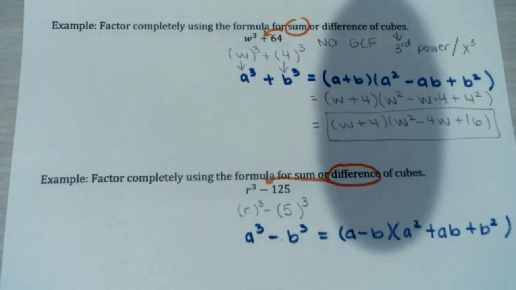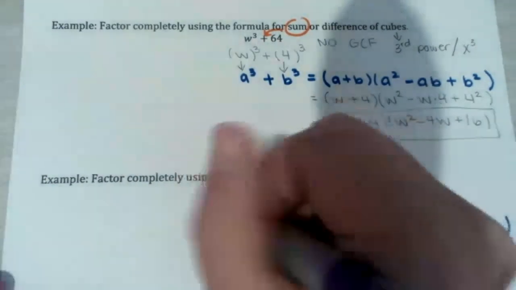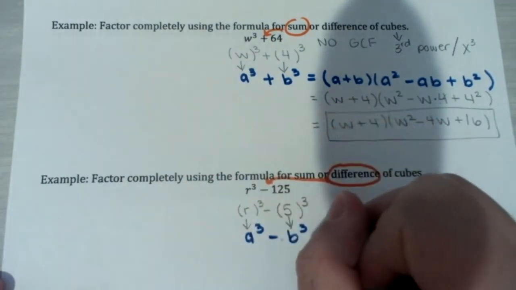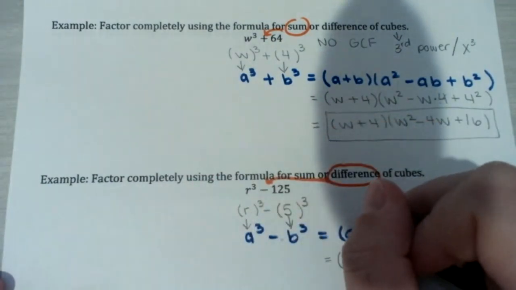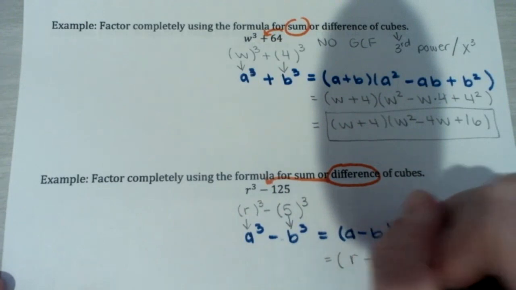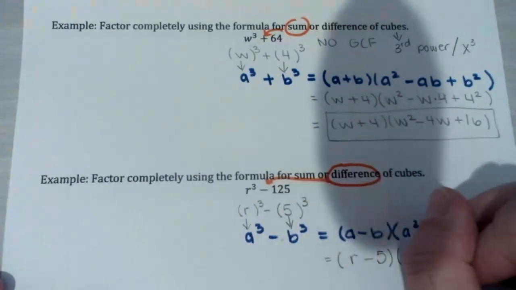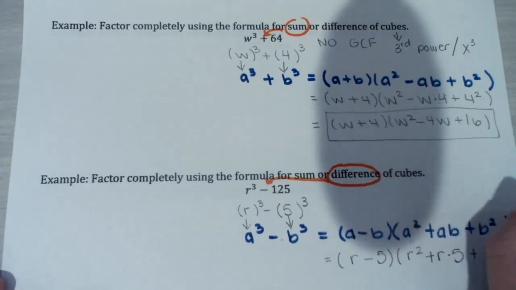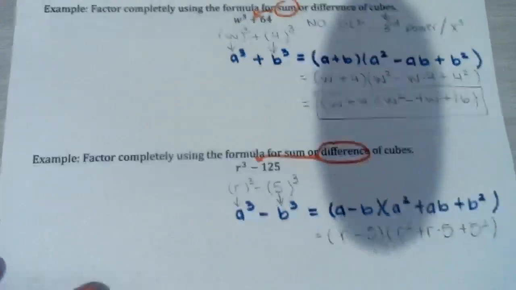All right, so for this, we have r cubed minus 5 cubed. Wherever we see an a, we're going to put r. Wherever we see a b, we're going to put 5. So we have a, which is r, minus b, which is 5, times a, which is r squared, plus a, which is r, times b, which is 5, plus b, which is 5 squared.